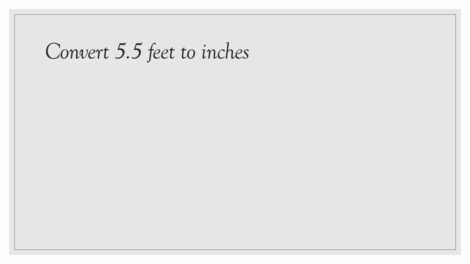The basic process that we're going to use for mole conversions and stoichiometry is known as dimensional analysis, and you've probably seen this in the past as some type of unit conversion, such as convert 5.5 feet to inches. This is the basic equation that we would use to set that up.